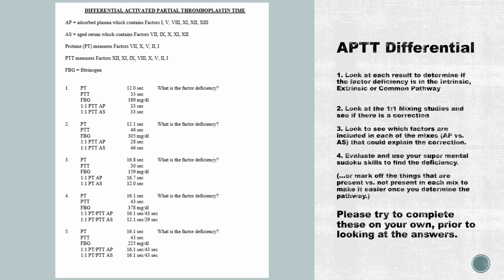There was no correction. And then the PTT with the adsorbed plasma does have a correction. You can see that it has come into a normal range. So even though we don't have the PTT for the adsorbed plasma or the aged serum alone, we can tell that it is a correction because it's brought it into a normal range.